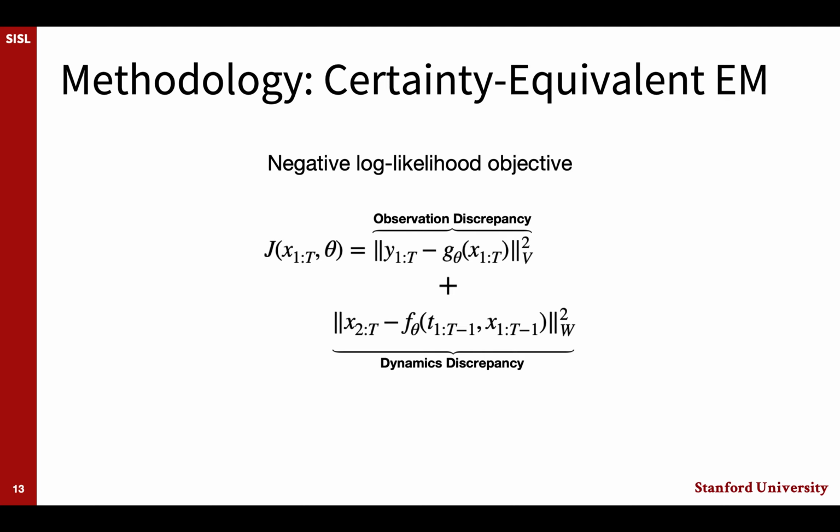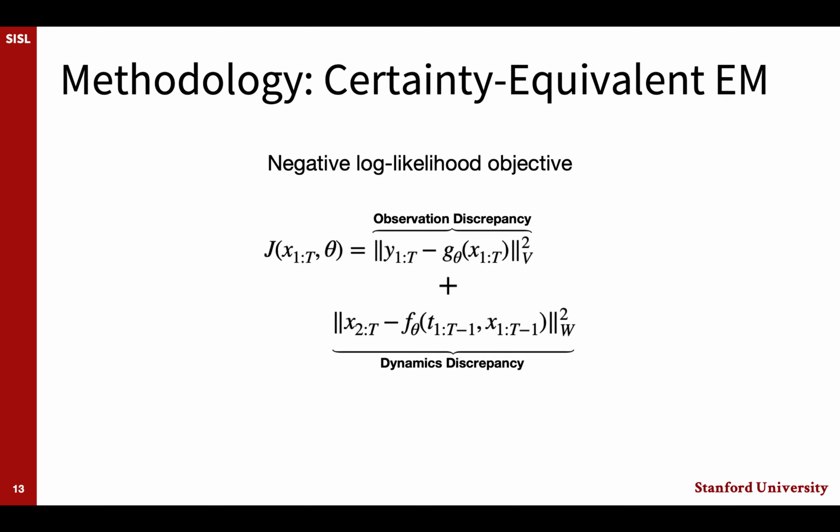So the first thing to do in this approach is to characterize a negative log likelihood objective. So this is a joint objective over the hidden state trajectory, as well as the model parameters. So the first component of this objective is the observation discrepancy. So if we were to choose some set of parameters and some trajectory of hidden states, how well do those hidden states predict the observations that we saw?